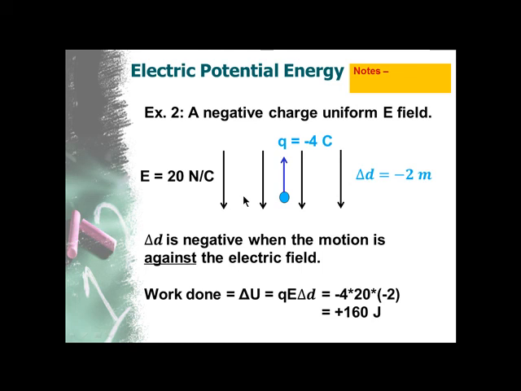The amount of kinetic energy in a positive charge is going to increase, and the amount of kinetic energy in this negative charge is also going to increase even though it's moving in the other direction. And that's why we have to keep careful track of our signs here and use this convention that displacement is negative when motion is against the electric field. That way we always get a positive amount of work done by the electric field, and it doesn't matter if that electric field is pushing a positive charge or a negative charge.